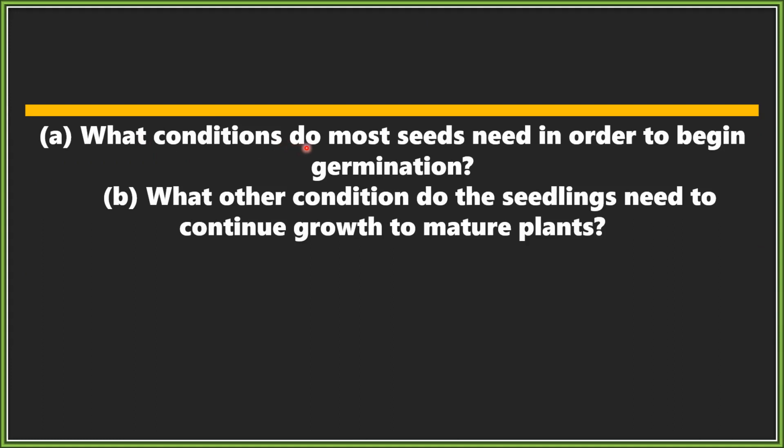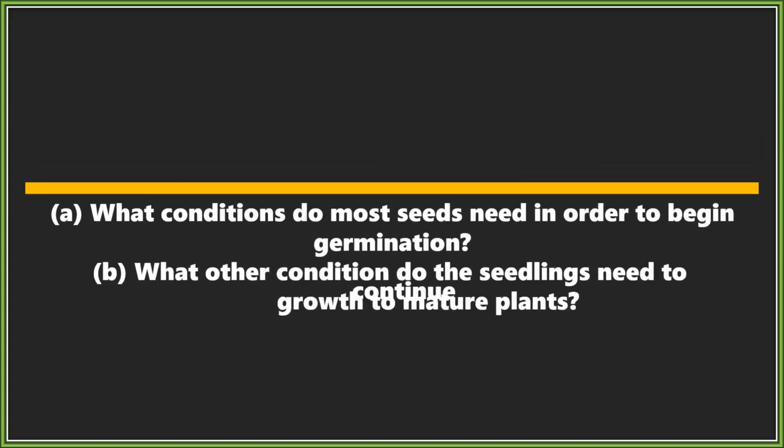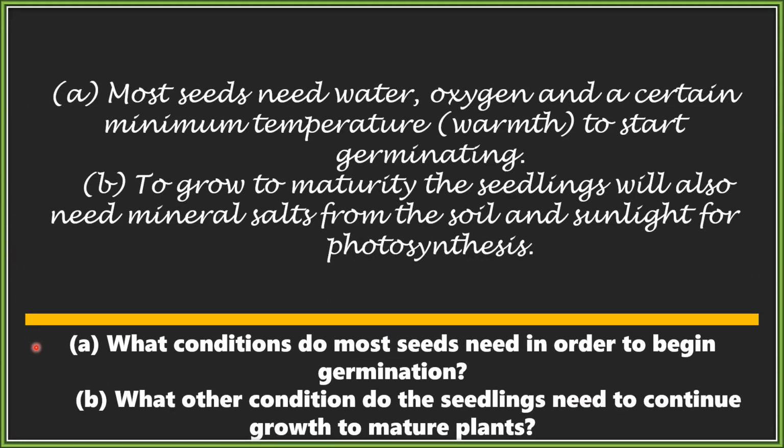What conditions do most seeds need in order to begin germination? B. What other conditions do the seedlings need to continue growth to mature plants? Part A. Most seeds need water, oxygen, and a certain minimal temperature for warmth to start germinating.